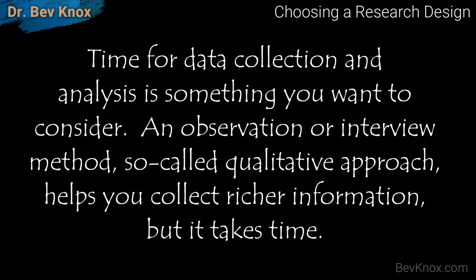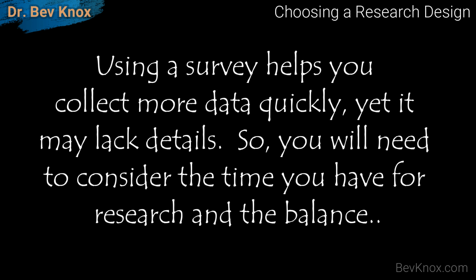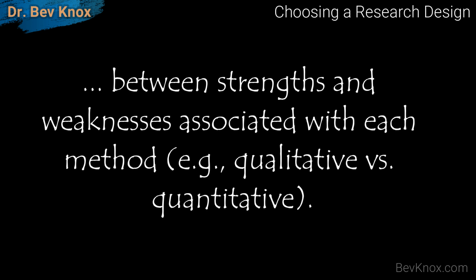An observation or interview method, so-called qualitative approach, helps you collect richer information, but it takes time. Using a survey helps you collect more data quickly, yet it may lack details. So, you will need to consider the time you have for research and the balance between strengths and weaknesses associated with each method.